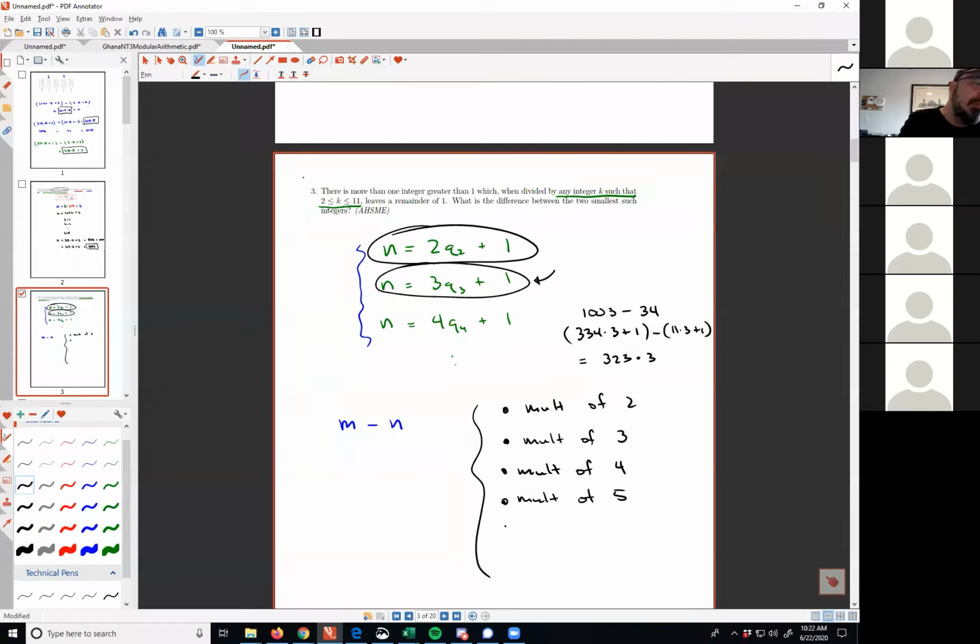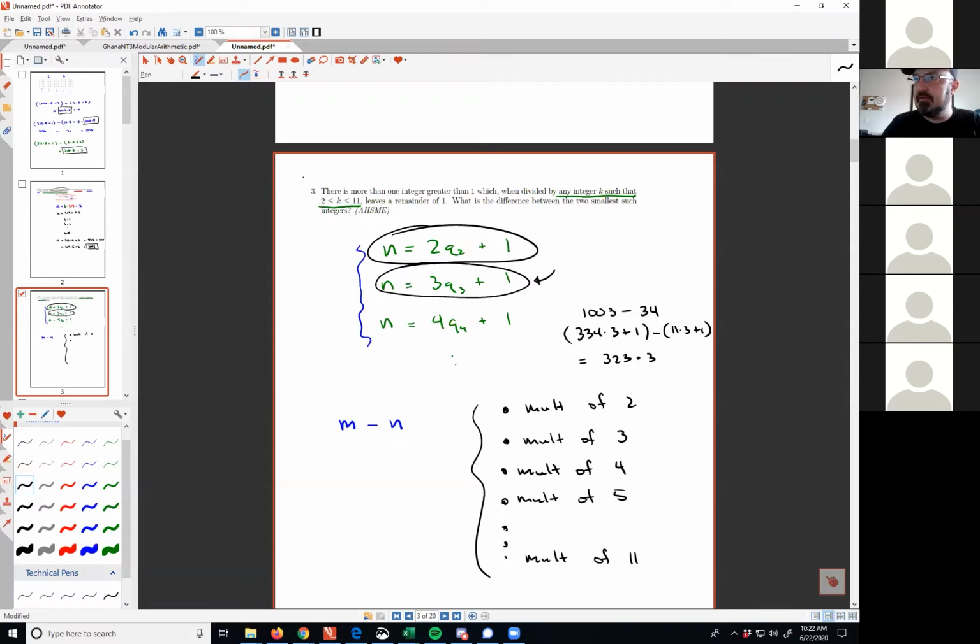Good. And we can keep doing this for each of the numbers from 2 to 11. Okay, what all can we say about m minus n? How do we summarize all this information?